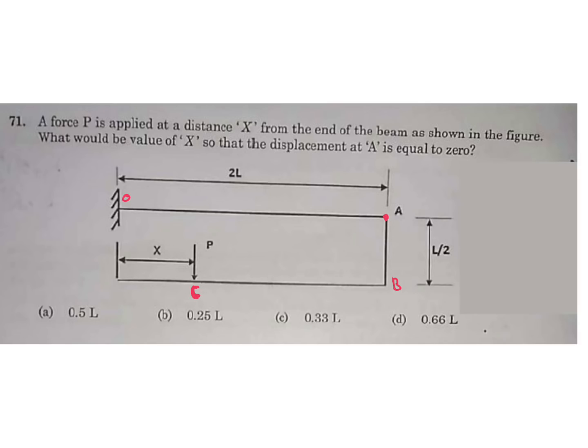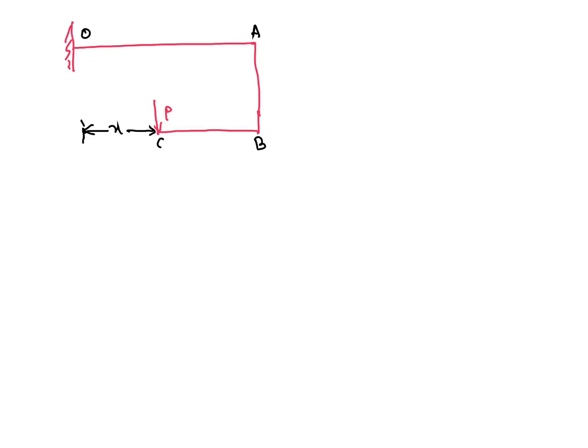Let the total length be 2L, so BC is 2L minus X. For BC, P is the load; resolve it, you will get one moment and one point load.